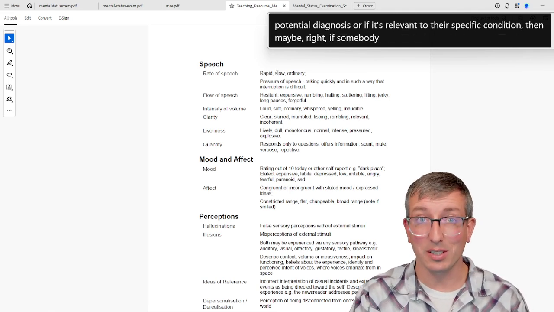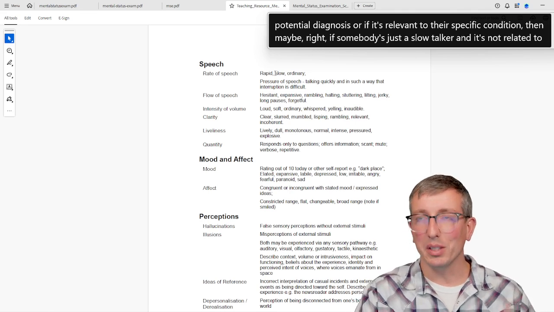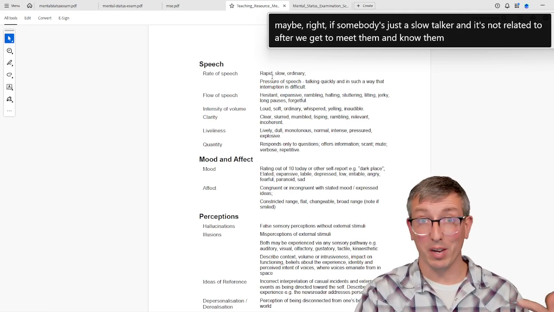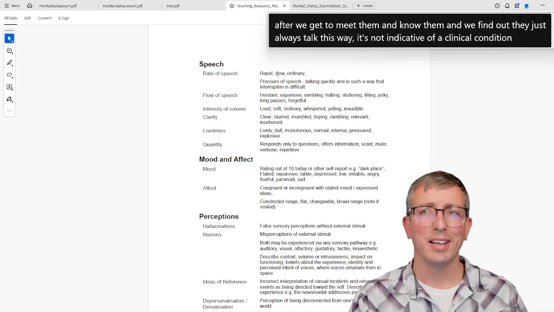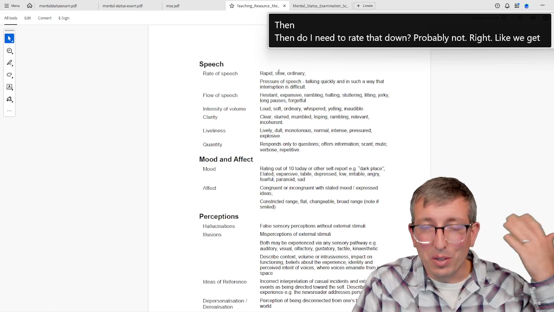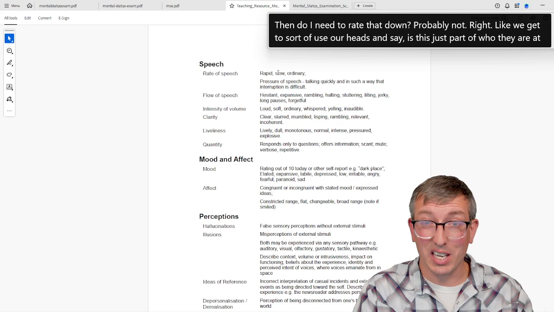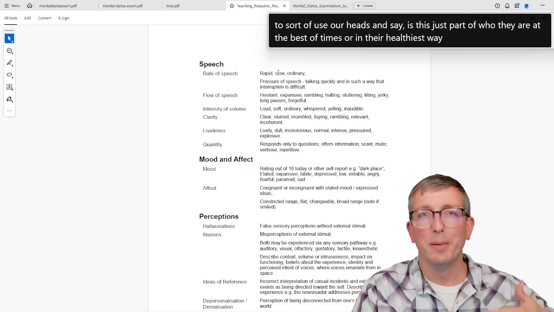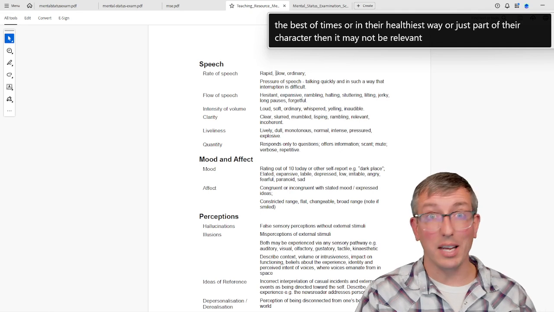If somebody's just a slow talker, and after we get to meet them and know them we find out they always talk this way, and it's not indicative of a clinical condition, then do I need to write that down? Probably not, right? We get to use our heads and say, is this just part of who they are at the best of times or in their healthiest way, just part of their character? Then it may not be relevant to say all these words.